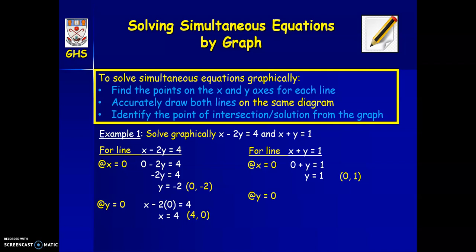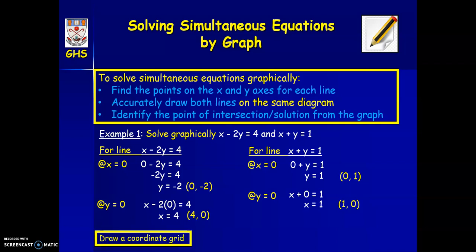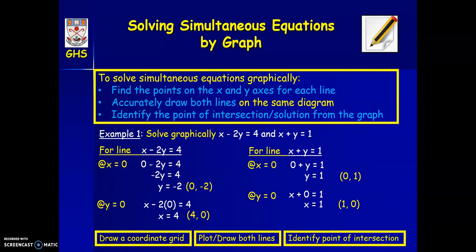At the point y equal to 0, the equation becomes x plus 0 equals 1, and simplified this is just x equals 1. So the second point on that line is 1, 0. The x coordinate first, remember, the y coordinate second. So our next step is to draw the coordinate grid, plot and draw both lines, and then identify the point of intersection. So if we look at the next slide.